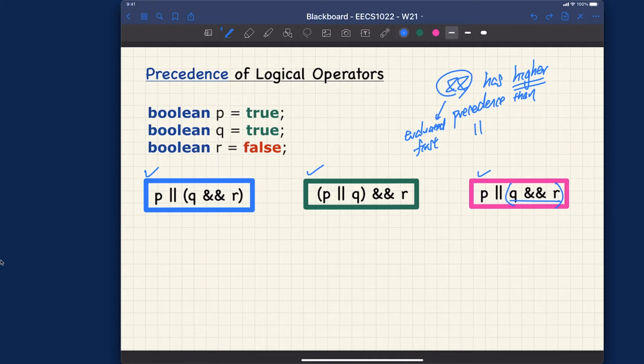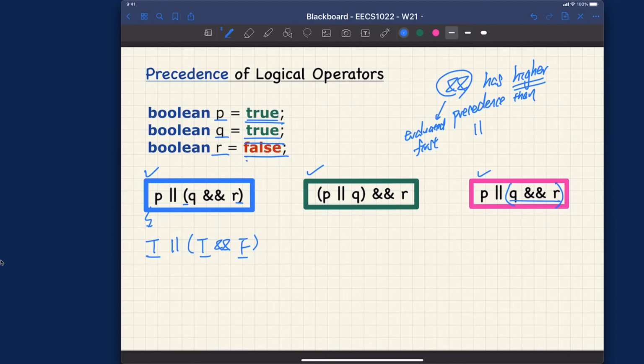Let's take a look at the first one, using an example. Let's say P is true, Q is true, and R is false. When we say P or parenthesis Q and R, we are really saying true or, true and false.